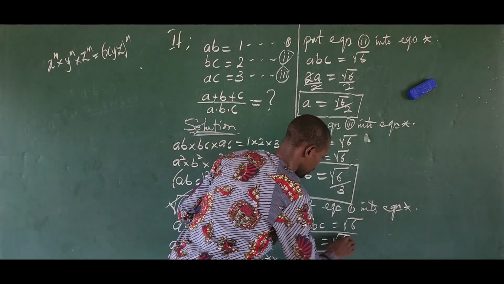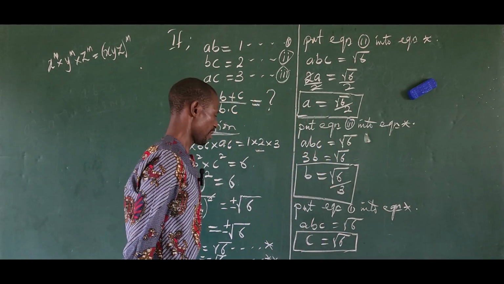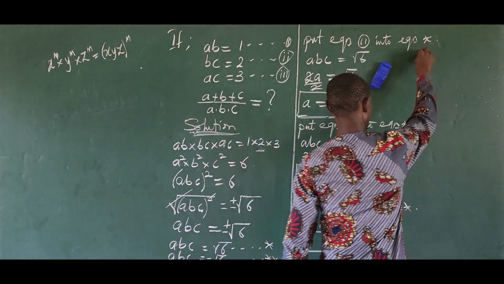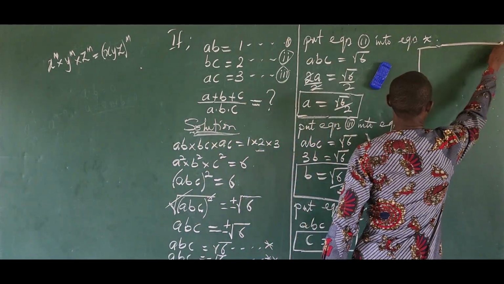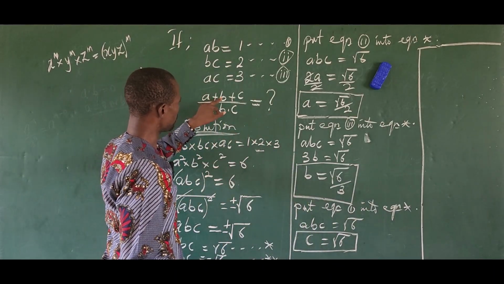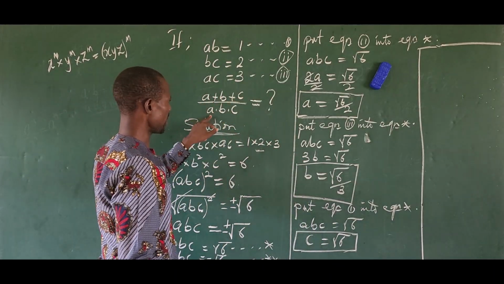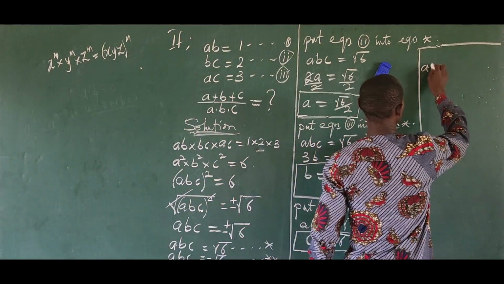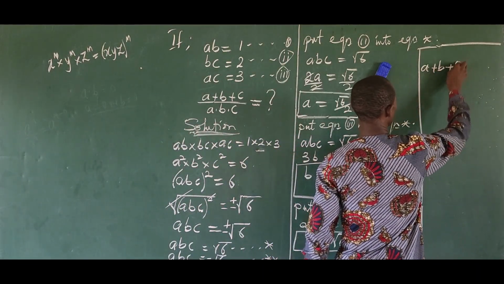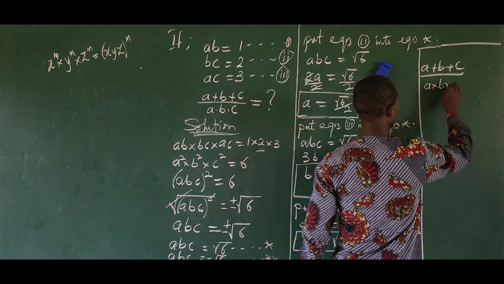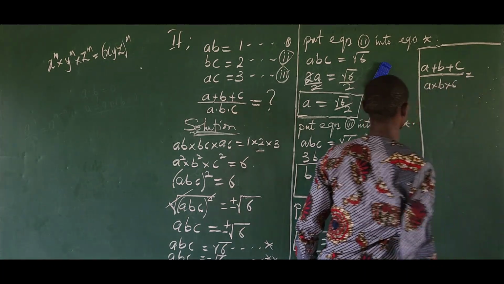So we've gotten our ABC for the positive part of it. So let's go ahead and check for the value of A plus B plus C all over A times B times C. So we have A plus B plus C all over A times B times C, which will now be equal to what?